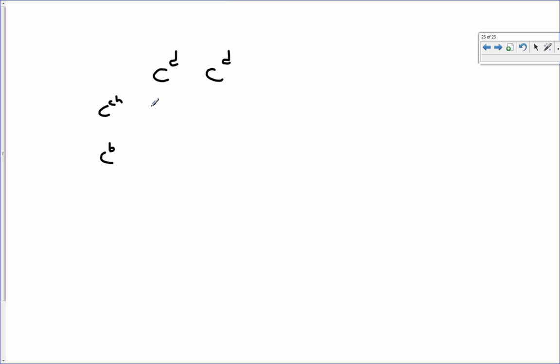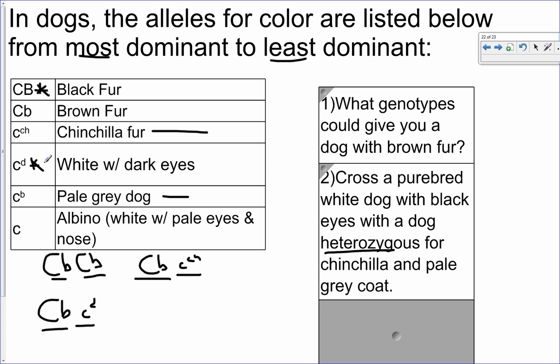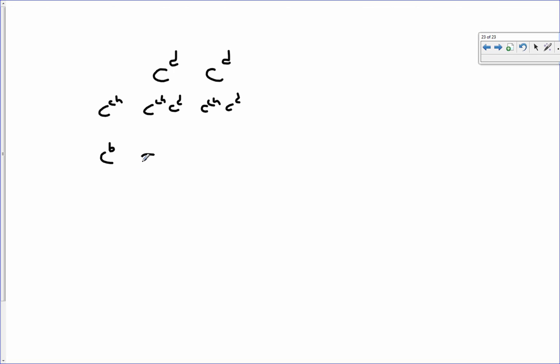All right, so if we do our genotype ratios, we've got 2 that are C CH, C little d, and we've got 2 that are C D, C little b. So now we have to figure out what these actually look like. Well, C CH, C little d, this chinchilla fur is more dominant to white with dark eyes.